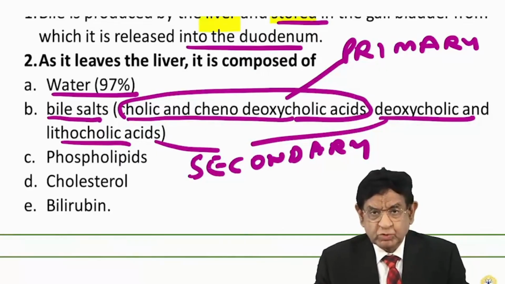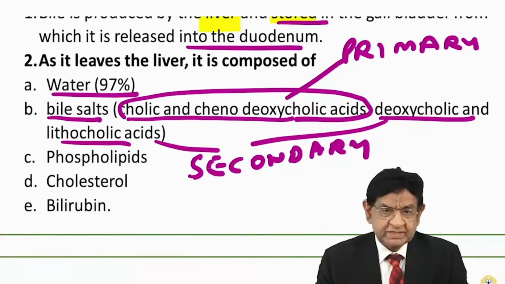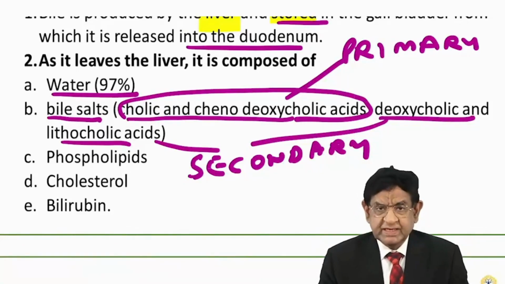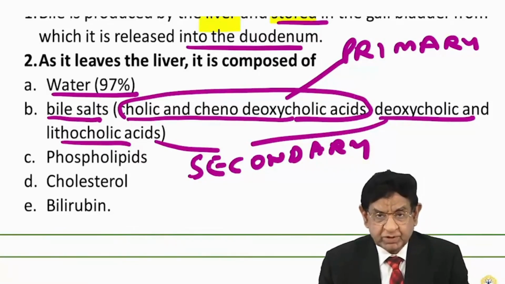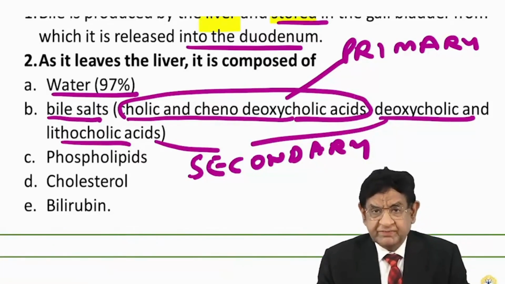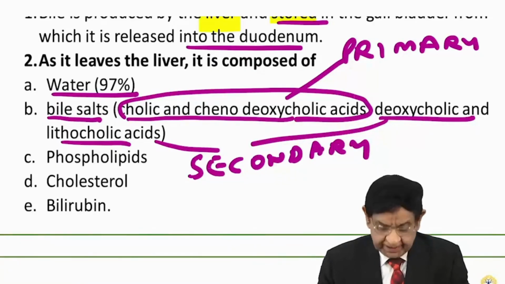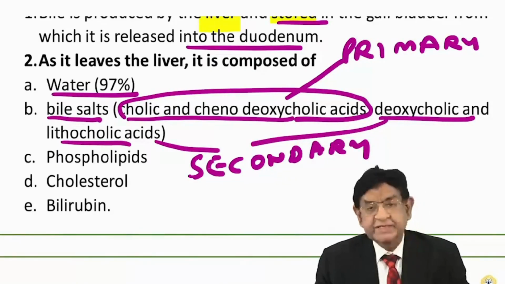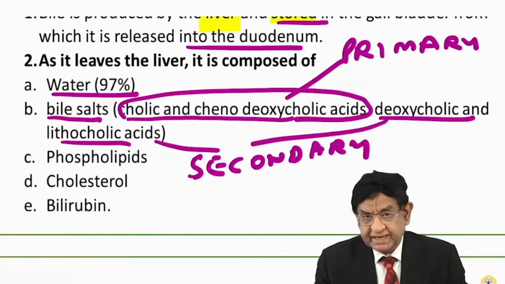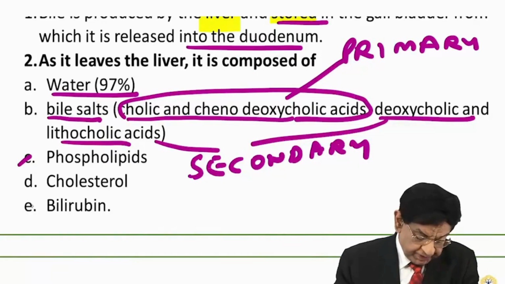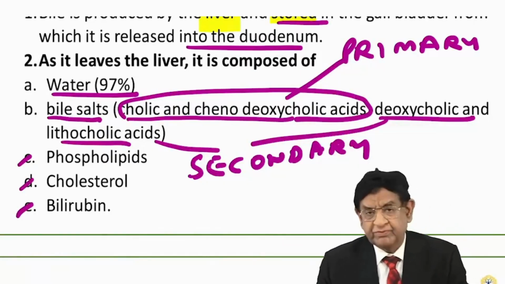About this also I have discussed in great detail when I discussed liver disease in pregnancy, the so-called cholestatic jaundice. All of you must have seen the lecture, or those who have not seen it, please see that lecture for more biochemistry and physiology of bile salt. So I am not going to repeat again. They contain primary and secondary bile salt. They also contain phospholipid, cholesterol, and a little bit of bilirubin.